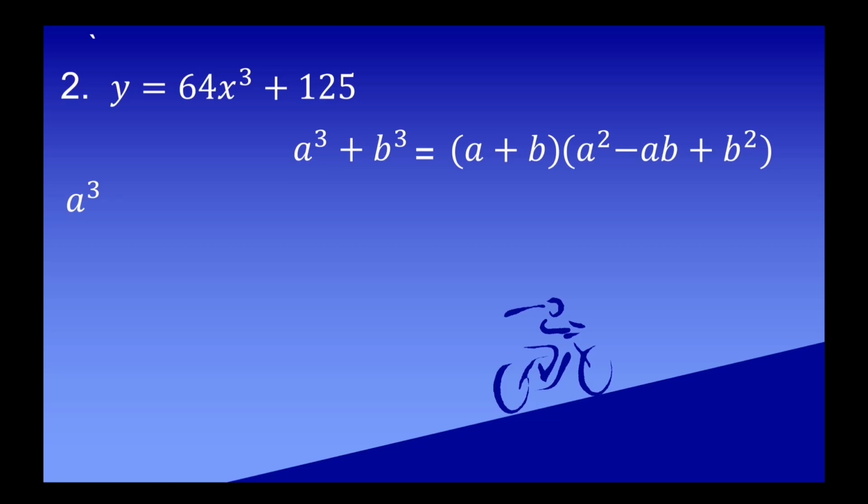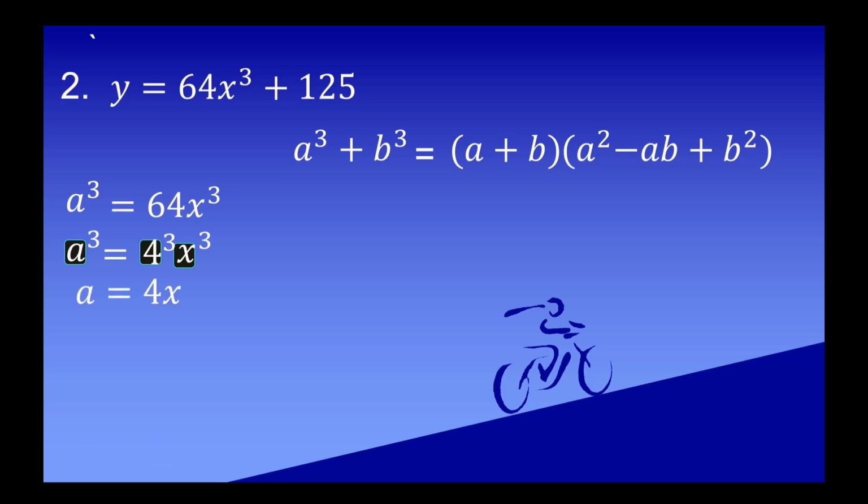So let's take it down. The a cubed, that is 64x raised to 3. Applying the exponent property, 64 can be written in the form of 4 cubed, that is 4 times 4 times 4. Then copy x cubed. Since we have the same exponent, we take down the base, so a is equal to 4x.